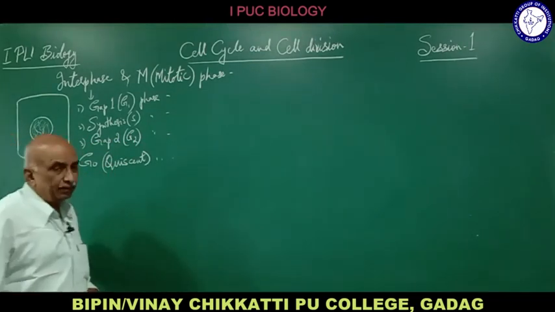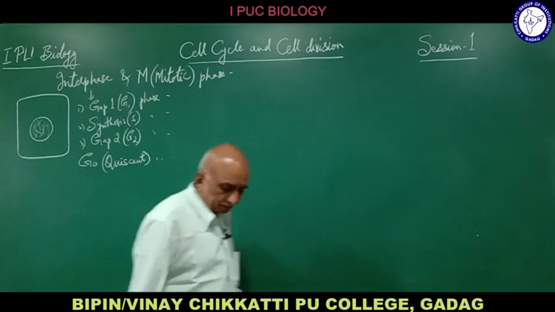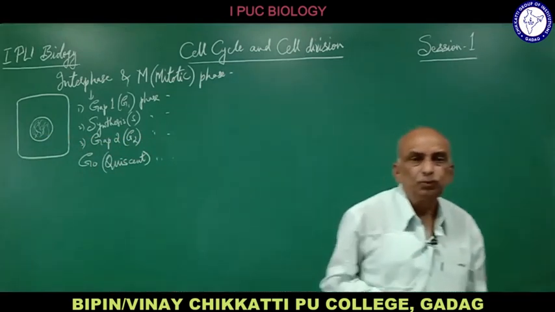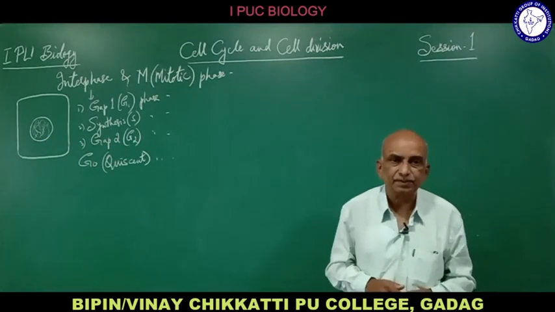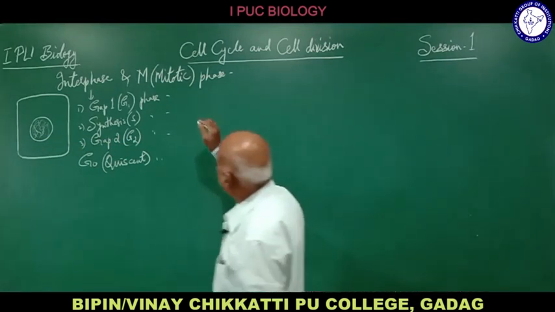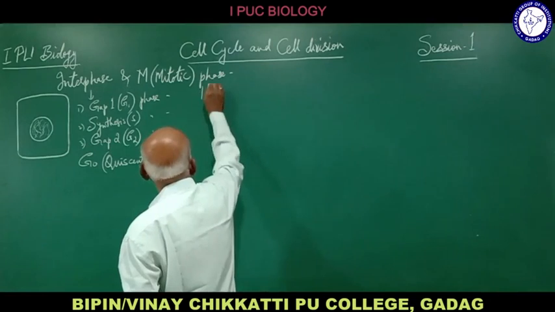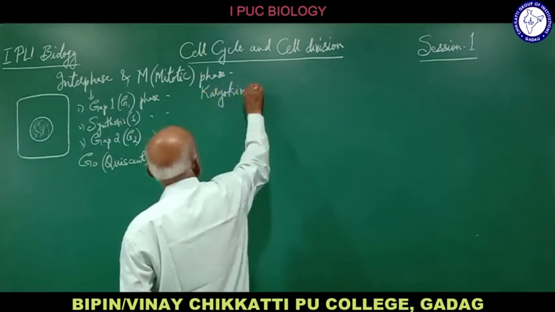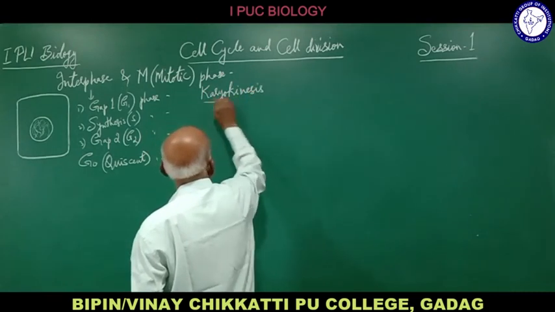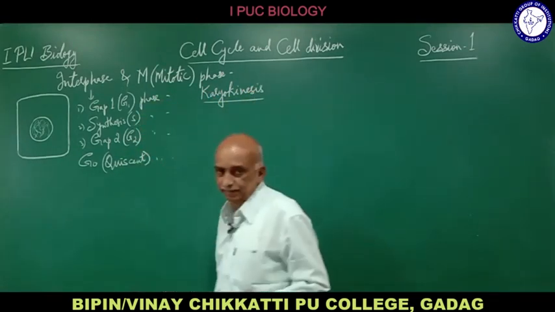In the mitotic phase, broadly it is divided into two phases, karyokinesis and cytokinesis. Karyokinesis is one step under the mitotic phase.